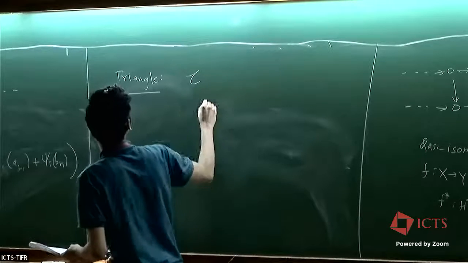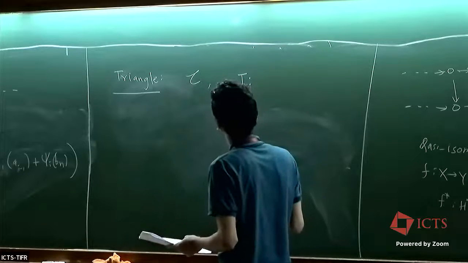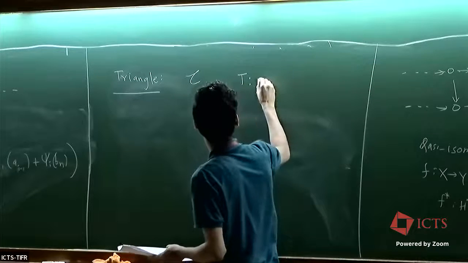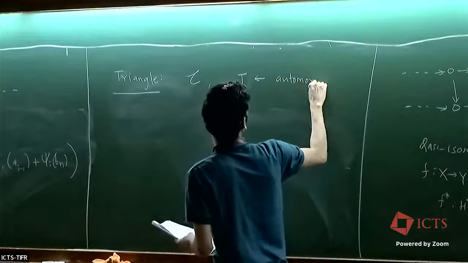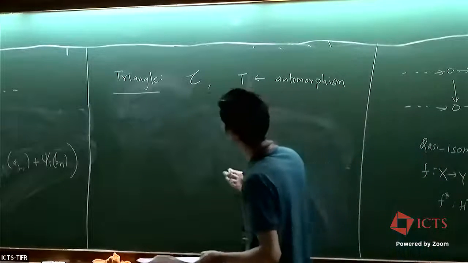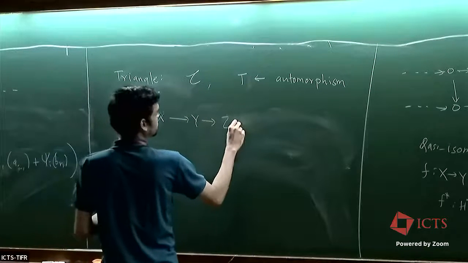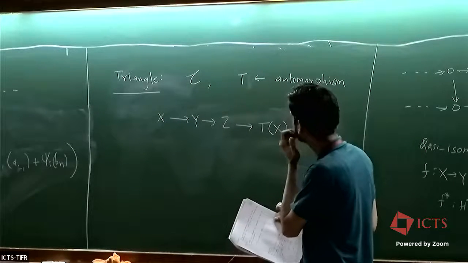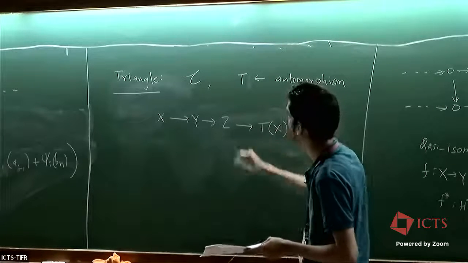So you have a category C, and let's say you have a functor T on C, that is from C to C. It is an automorphism. Then a triangle is just a diagram of this form. So X, Y, Z, T of X. T of X is again an object of C.